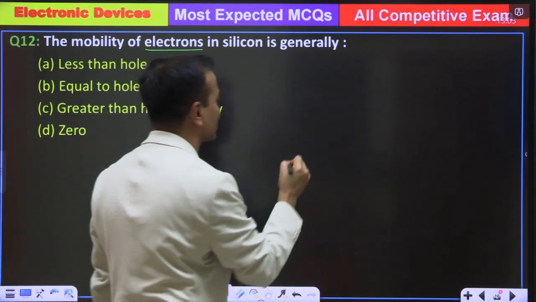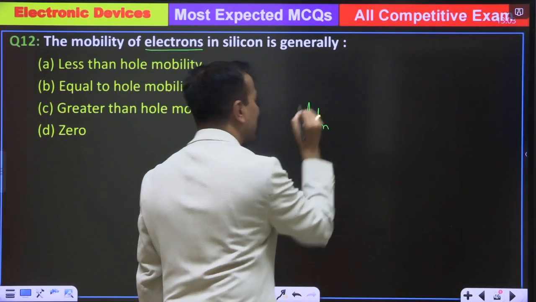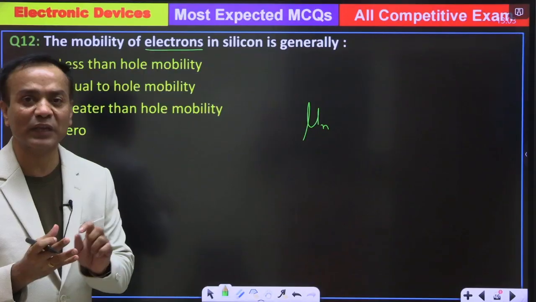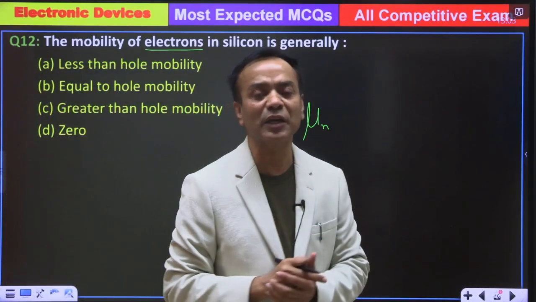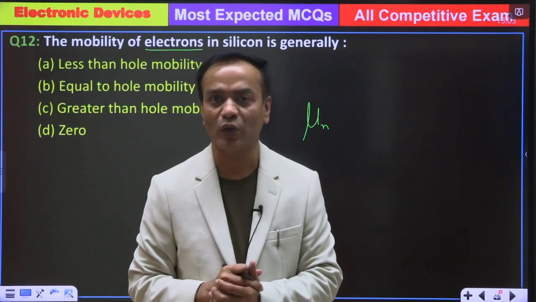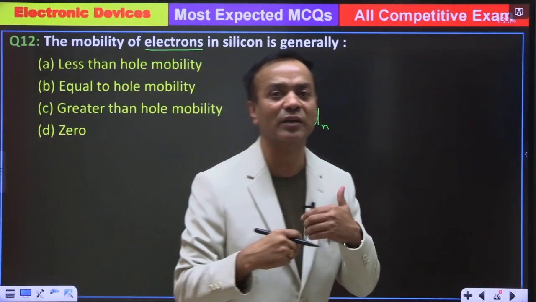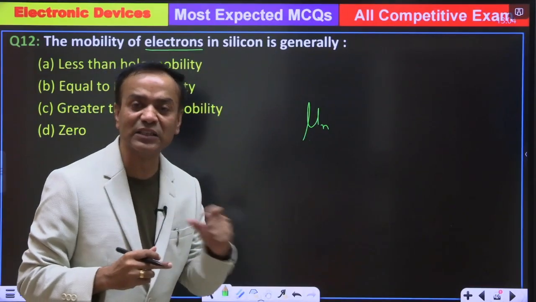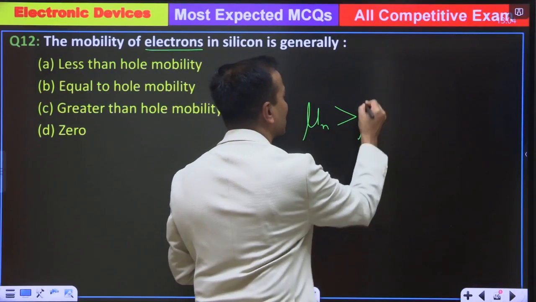Mobility of electrons is generally denoted by mu suffix n, and as we know, the mass of the electron is much lesser compared to the mass of the holes. Those having lighter mass can run faster, so the mobility of the electron is much faster compared to the mobility of the holes.